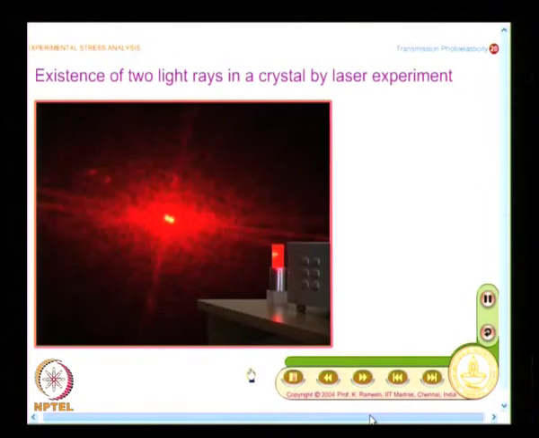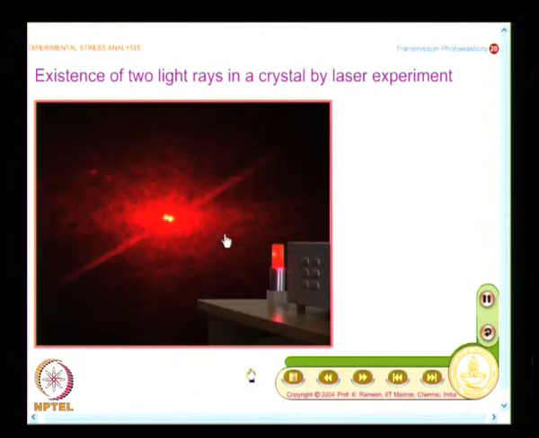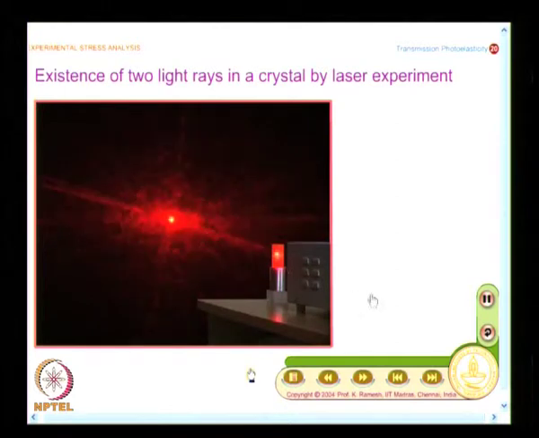We have also rotated a crystal and saw that one dot becomes two dots, which indicates that the incident light in relation to the optic axis has a role to play.